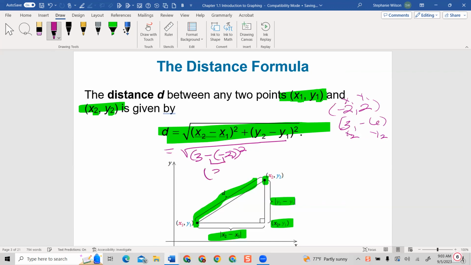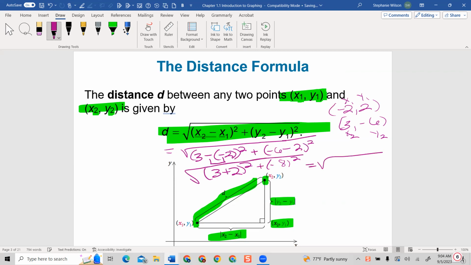So now I have 3 + 2 squared plus my y from the second order pair, -6, minus my y from the first order pair, which is +2. So I'm going to bring it all down. -6 minus 2. That's like saying you're in the hole $6 and you spend $2 more. So you're in the hole even more. So it's a -8 squared, and it's going to square root it all.